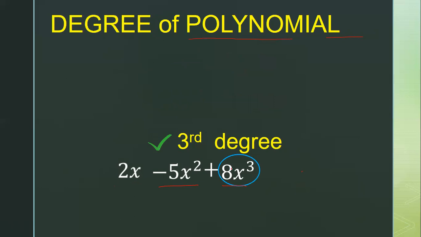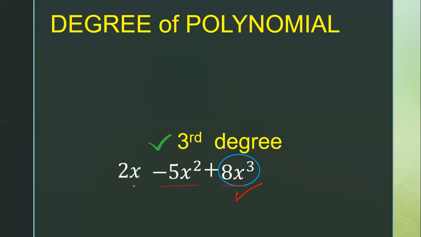Now, how to get the degree of a trinomial or a polynomial with more than one term? Yes, get the degree of each term, and the highest degree will be the degree of the polynomial.